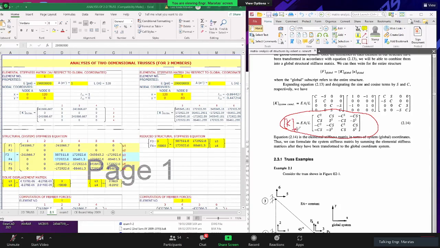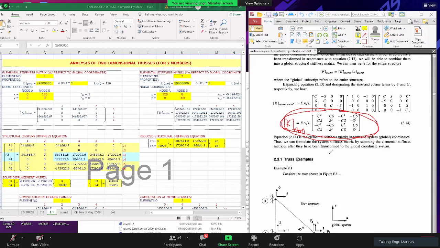For each type of structure it is different: for a beam it is different, for three-dimensional trusses, space trusses, and grids it also differs. But the principle remains the same. You get the elemental stiffness matrix, then you combine, then you reduce and compute the displacements.